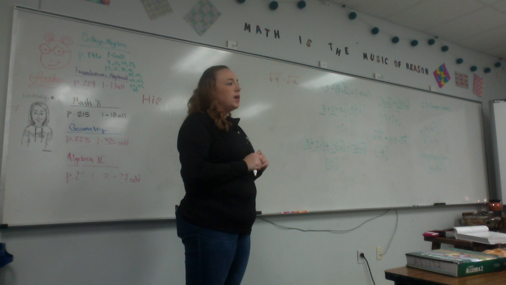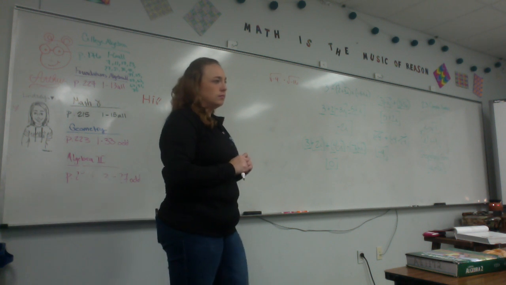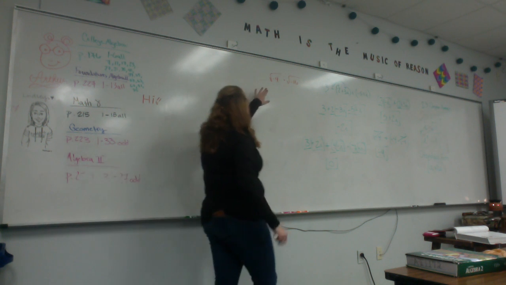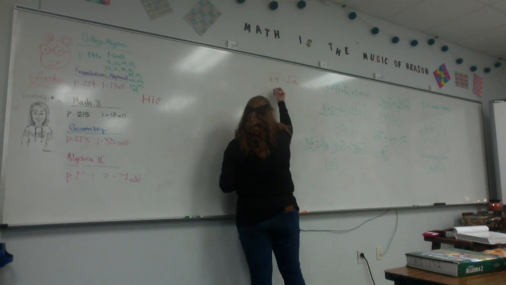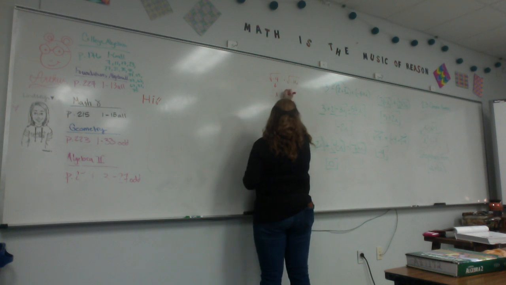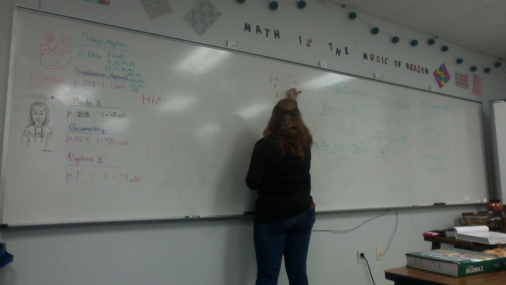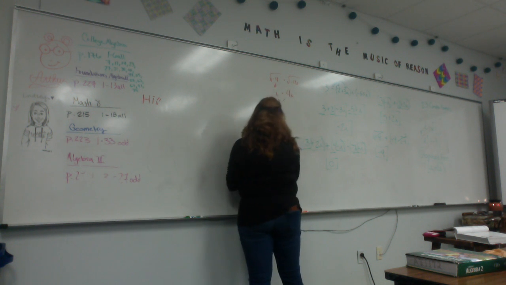Okay. When I have a negative under the radical, what do I represent that with? I. The square root of 4 is 2, so you have 2I for this right there. So what does radical -16 look like then? 4I. What is 2I times 4I? 8I.